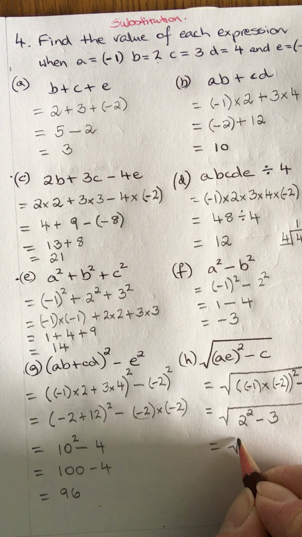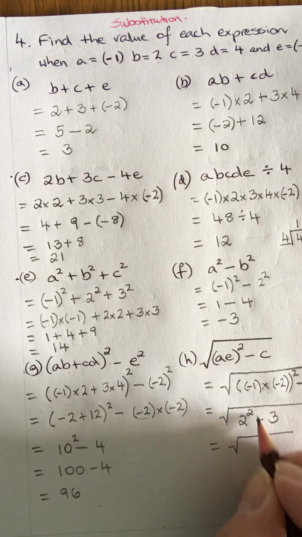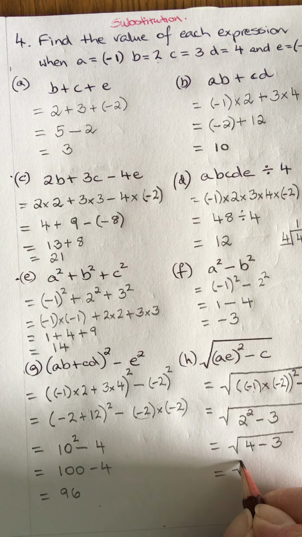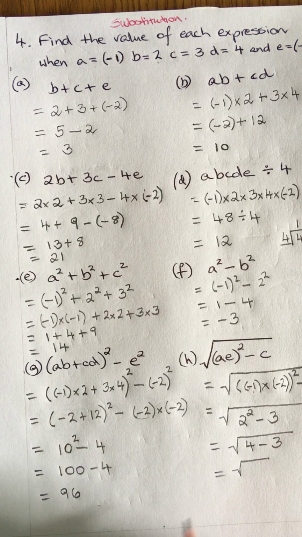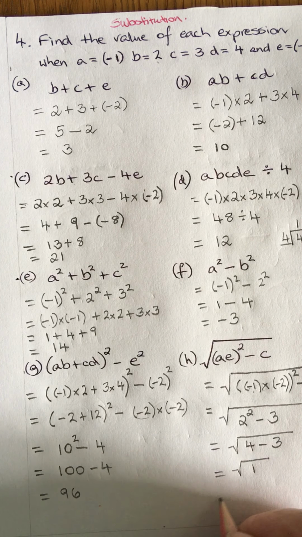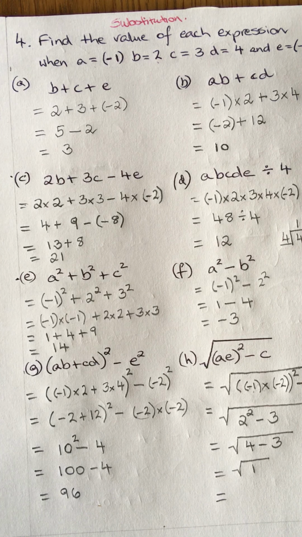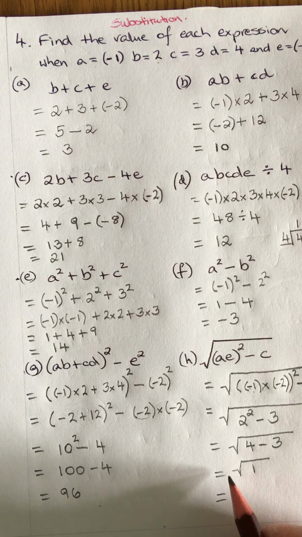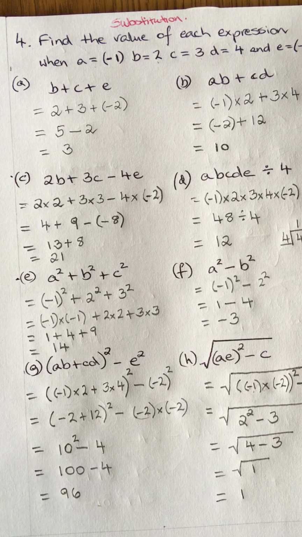Right, so we're going to have a square root over this. 2 squared, 2 times 2 is 4, minus 3. Okay, still have our square root sign. 4 take away 3 is 1. What is the square root of 1? What times itself gives you 1? 1 times 1 is 1, so the square root of 1 is 1. That's that finished.